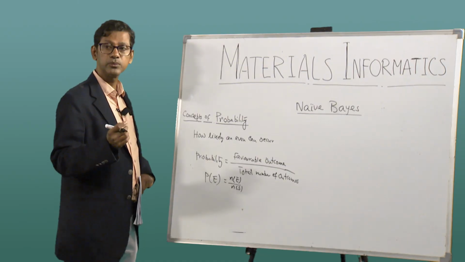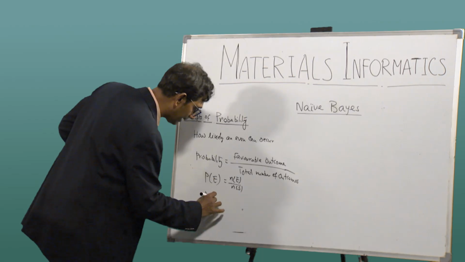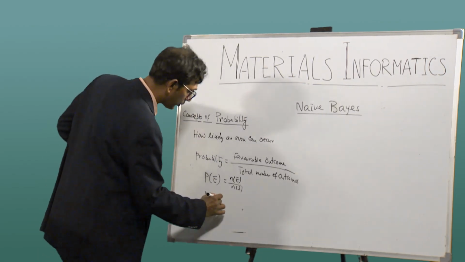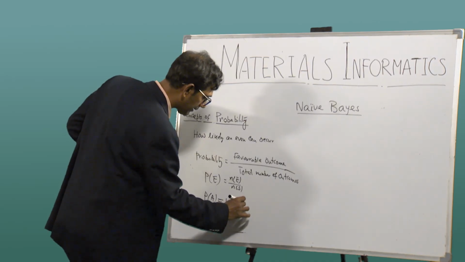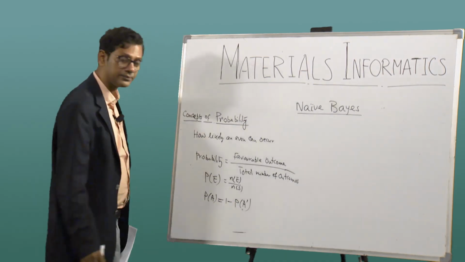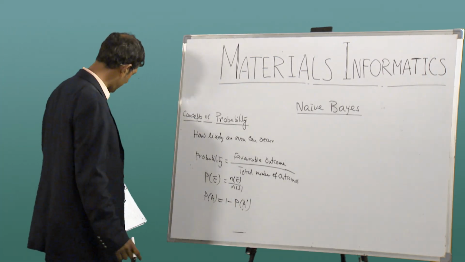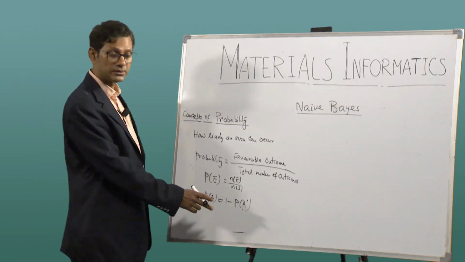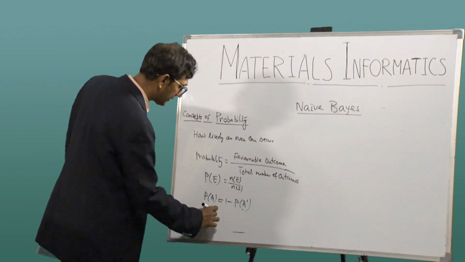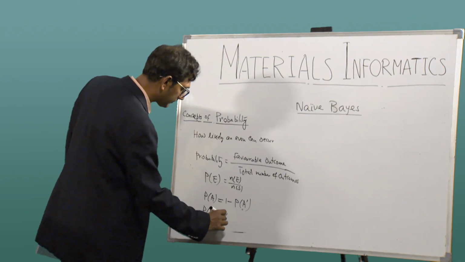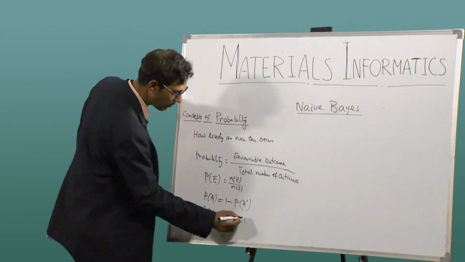Okay. So, as you understand, if I toss a coin, you can have a probability of head or tail, right. So, you can say the probability of head is P(A) and the probability of getting tail is P(A prime). So, A is an event and A prime is an event which is opposite to that. Okay. So, therefore, the total probability P(A) plus P(A prime) is 1, right, has to be 1.